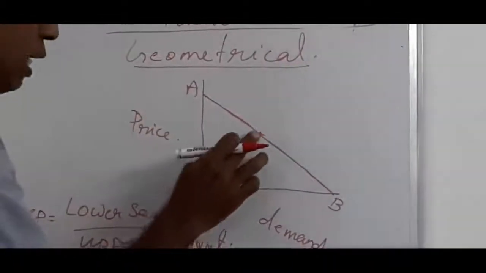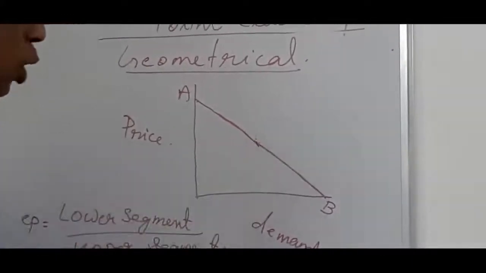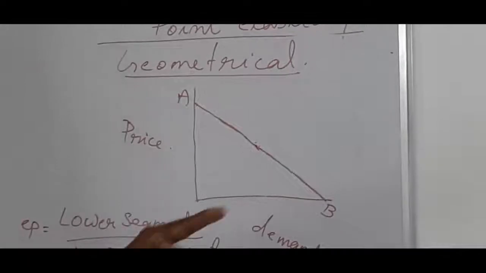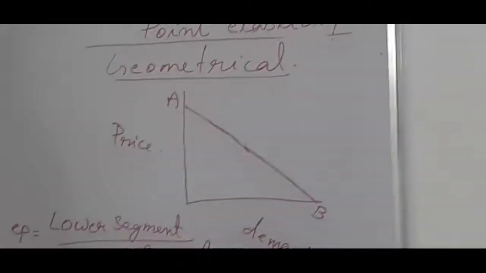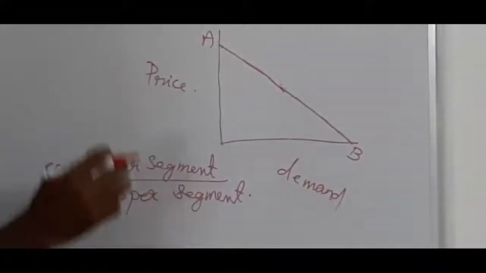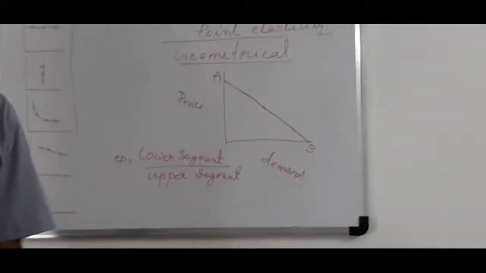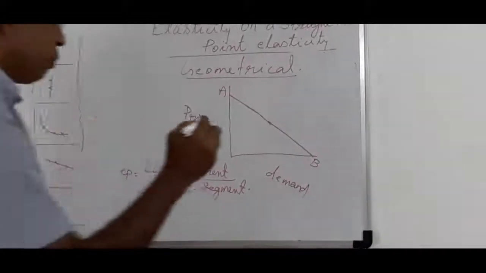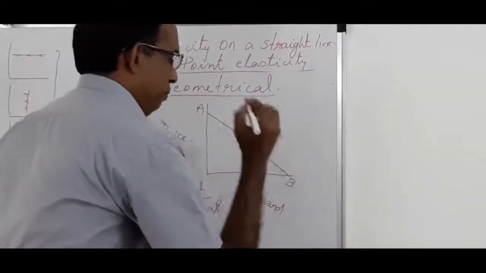Since the point is at the midpoint, lower segment and upper segment are equal. So when we divide equal values, we get a value 1. So at the midpoint we can say that elasticity is equal to 1.